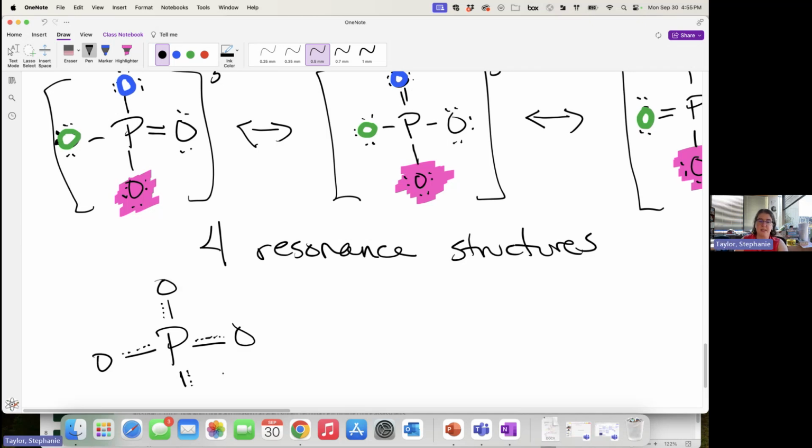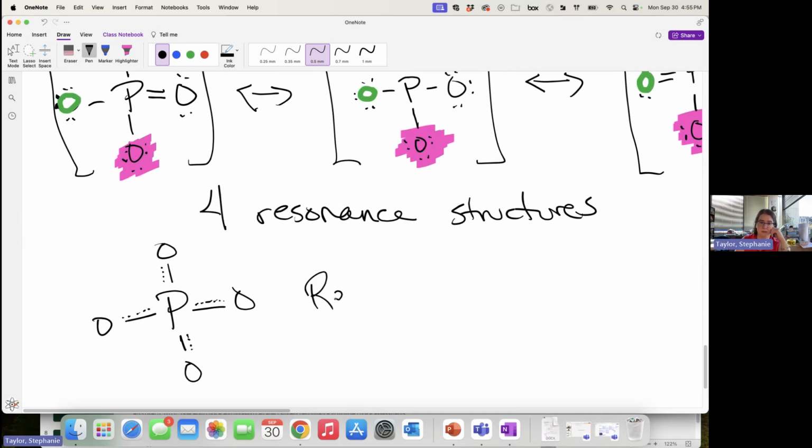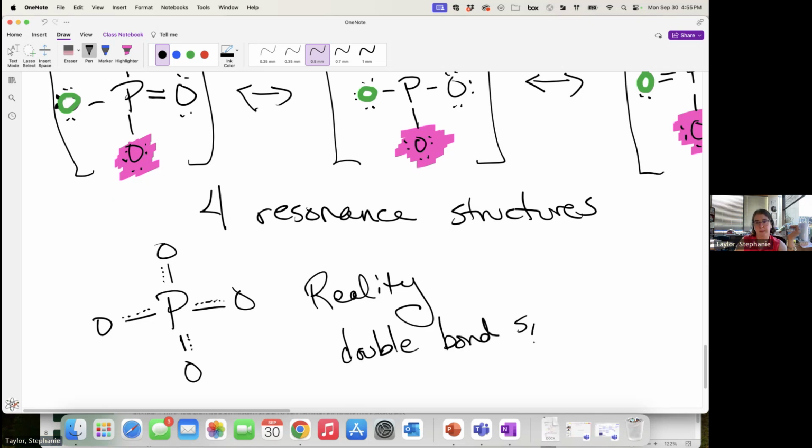So this is more of what reality is, basically the double bond spread out. And for those of you that may be looking at various things on the internet for Lewis structures, you might have already seen this, where you have this kind of weird dash line for part of the bond, and those are resonance. That's another way to demonstrate resonance.